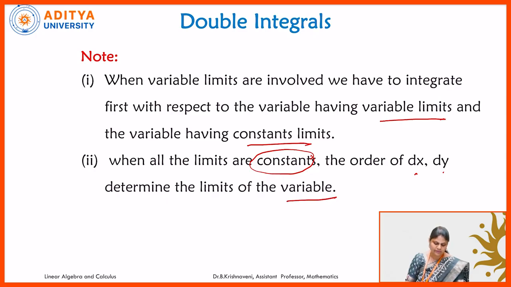So the point here is, if the limits are variable limits, we need to specify which limits they are, then decide the order of integration. That is the first note. Coming to the second note, if all the limits are constant, you can follow the same order given in the question, and the order determines which limits belong to which variable.